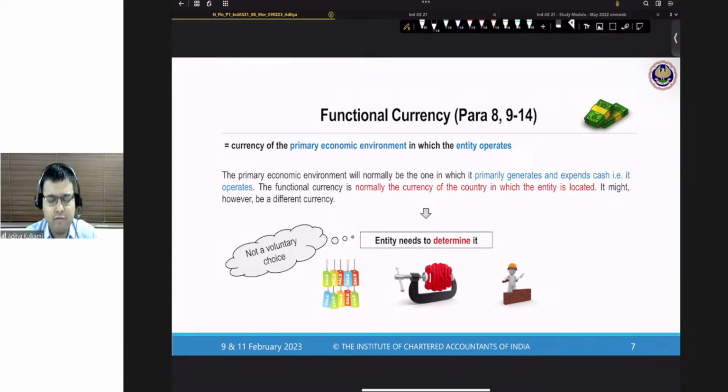Once we are clear about functional currency, we then move on to understand what a foreign currency is. The foreign currency definition is very simple: currency other than functional currency. And presentation currency is the currency in which the entity chooses to present its financial statements. Presentation currency and foreign currency are very simple. The main important discussion is what the functional currency is.